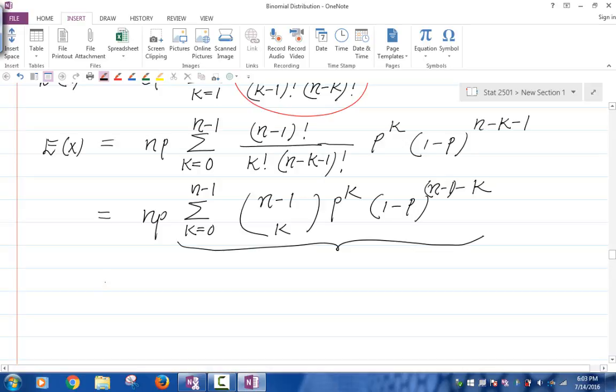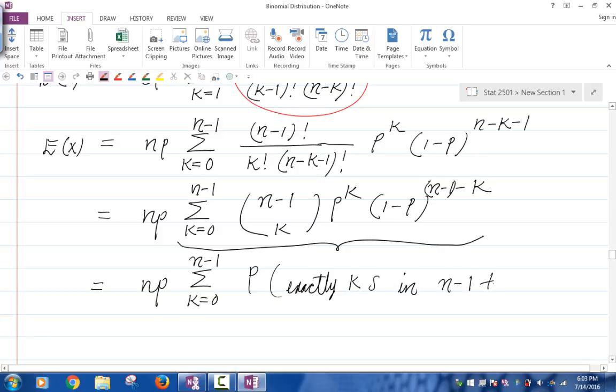So this is basically np times the summation k going from 0 to n minus 1 of the probability of getting exactly k successes in n minus 1 trials.